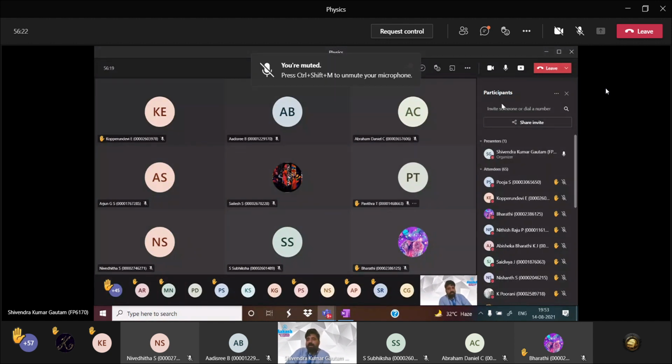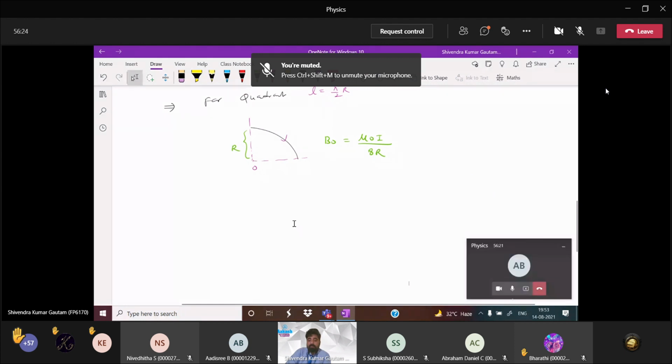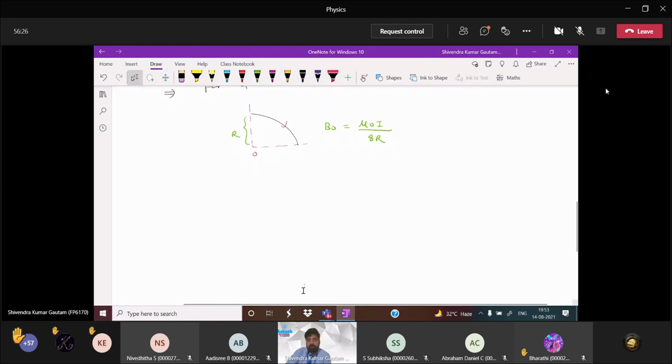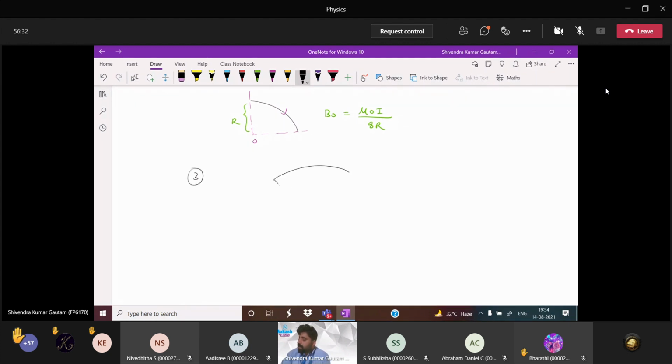Then how do you calculate the magnetic field? For an arc, suppose we have any arc which makes an angle theta at the center. If you remember the complete circle formula, then for a semicircle or any arc you can derive from this. The radius is r.